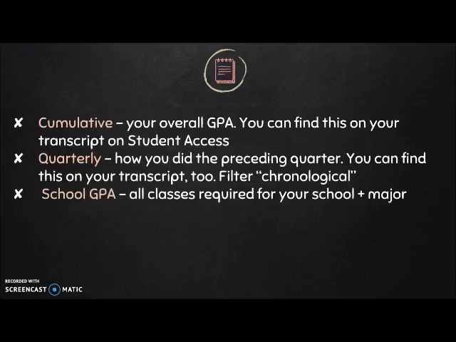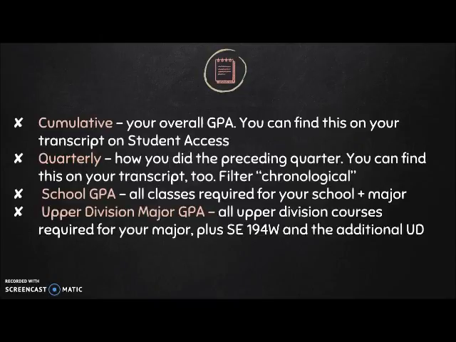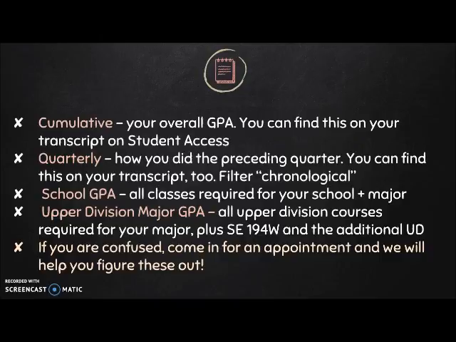Your school GPA is all the classes required for your school and major. And your upper division major GPA is all upper division courses required for your major, plus SC 194W and the additional upper division. If you're confused, come in for an appointment and we'll help you figure these out.